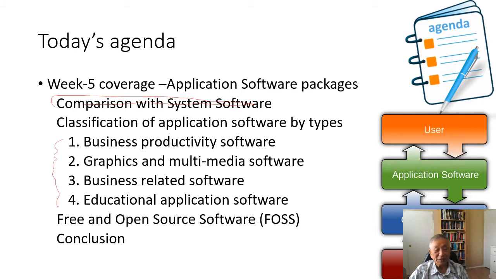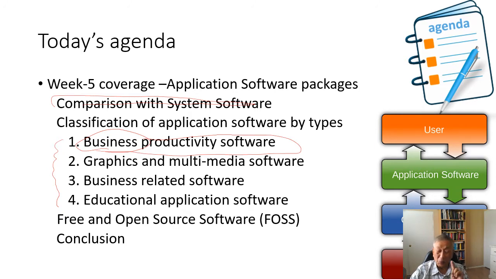That's business productivity software. Even if it says business, you folks listening to this lecture are business majors, that's why I'm going to focus a little bit on the business. But the productivity software is the typical software we are using all the time, like Word, Excel, PowerPoint, database, things like that.